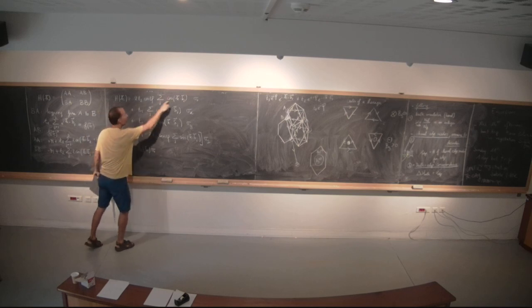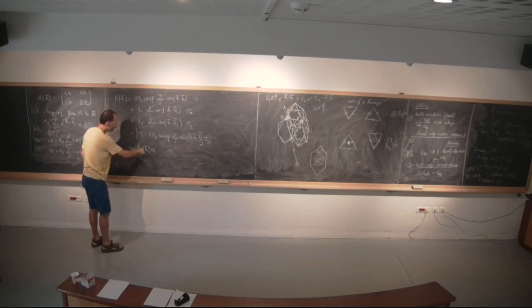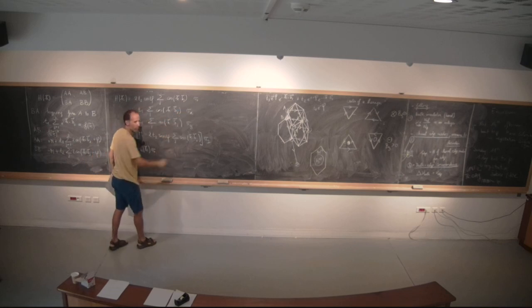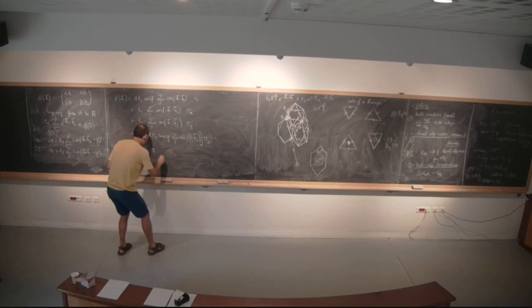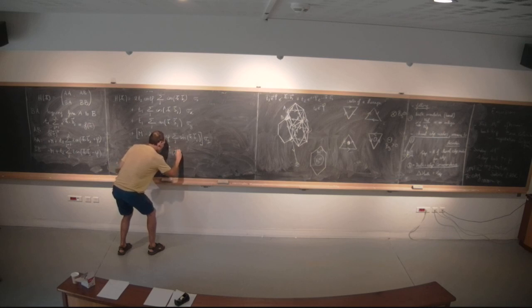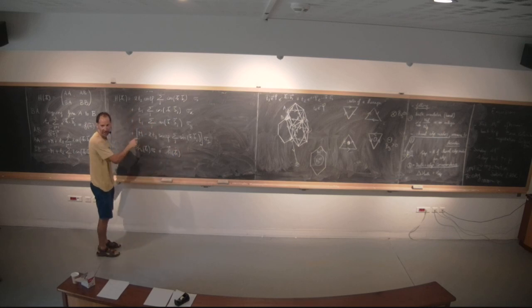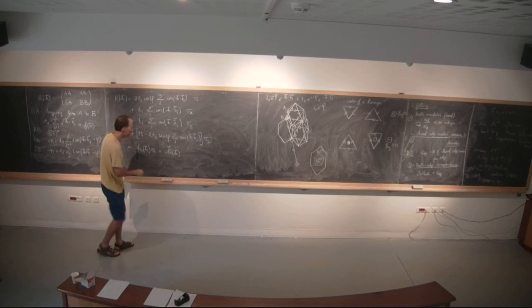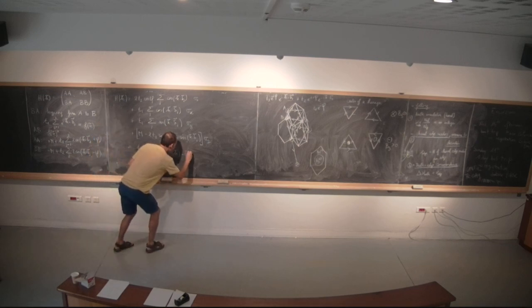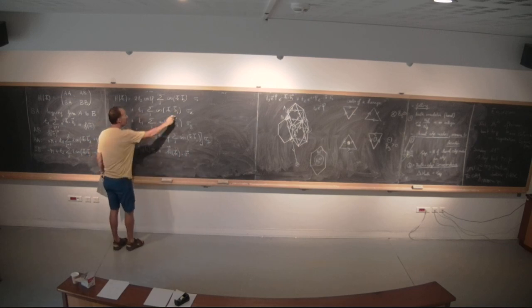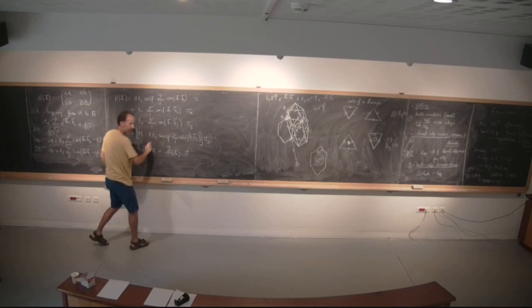I don't want to rewrite this expression each time, so I have a coefficient in front of the unit 2x2 matrix, and I also have a triplet of functions or a vector with three components, hx, hy, hz, dotted with sigma, and this is hx, this is hy, and this is hz.